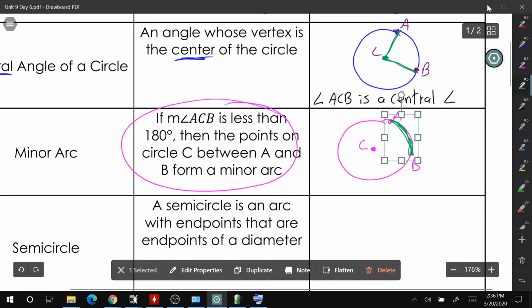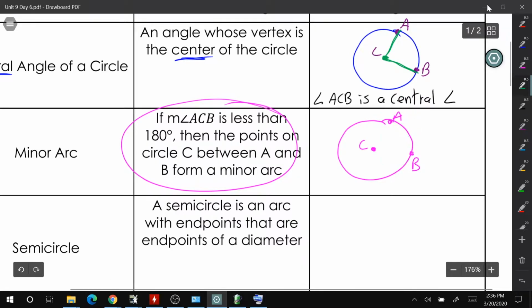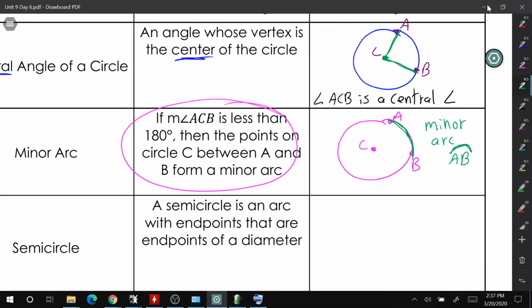So this would be your minor arc AB. We would call that minor arc AB, and then we have a little arc symbol on top of it. So this is a minor arc.